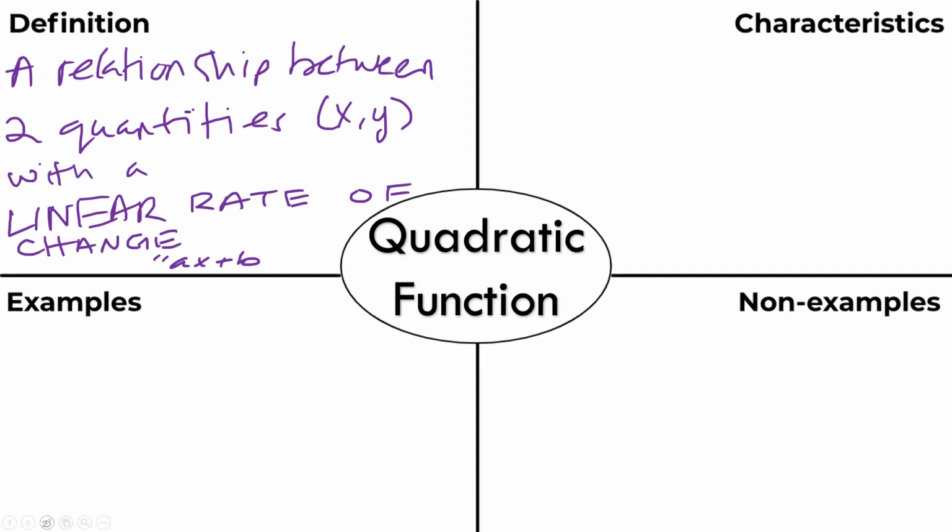I didn't mean to write an X, I meant to write an N. Don't write the X, write the N. So to get from one to the next, you're multiplying that number by something, and then adding something. N stands for number, and that's what the difference is. That's how you're getting from one number to the next when you have a quadratic relation.